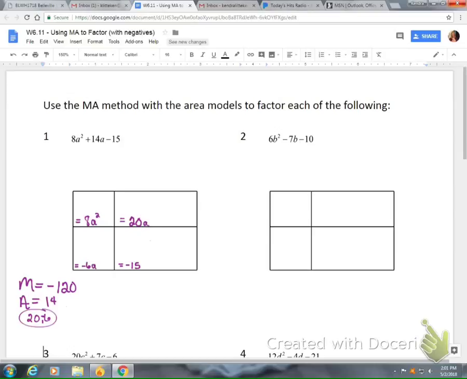Okay, now I have the area in each rectangle. I now find the greatest common factor of my top row. So what's the largest number that 8 and 20 both share? So what's the greatest common factor of 8 and 20? 4. If you did not know that, how could you find that? You'd use your factor trees, right?